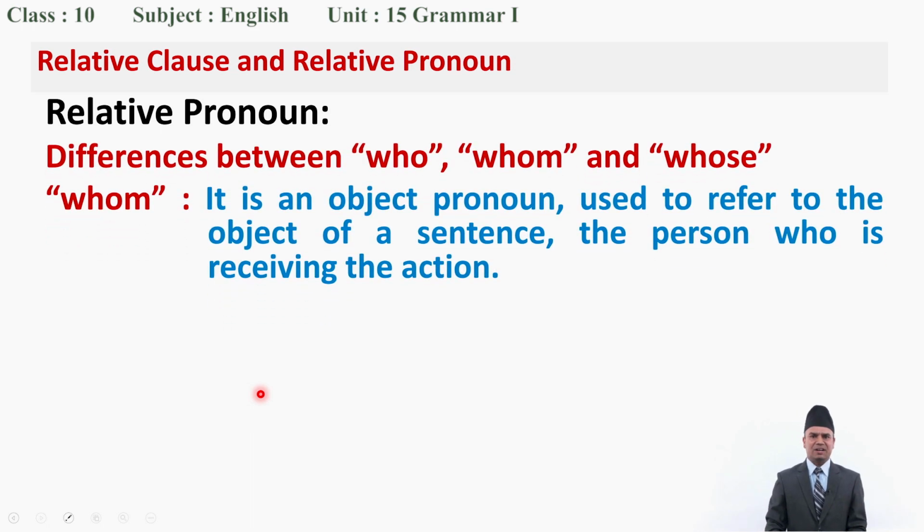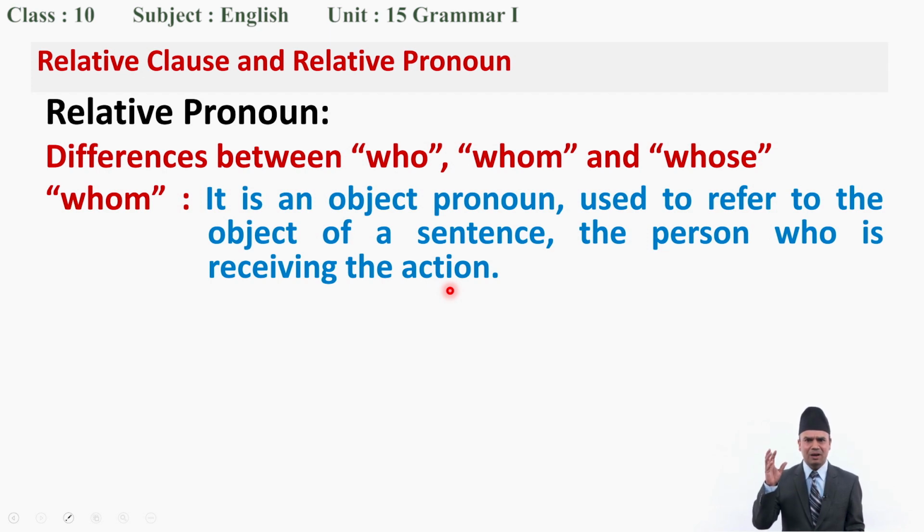Let's see another pronoun, whom. What is whom? I just show the word card that you have to understand. It is an object pronoun, used to refer to the object of a sentence, the person who is receiving the action. Whom.